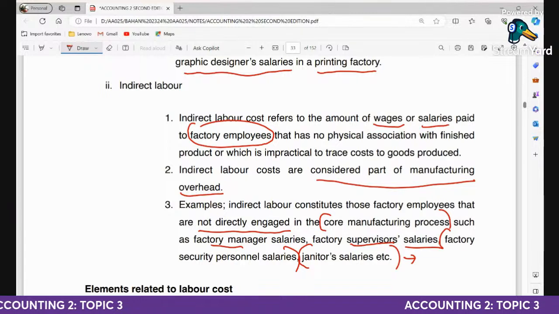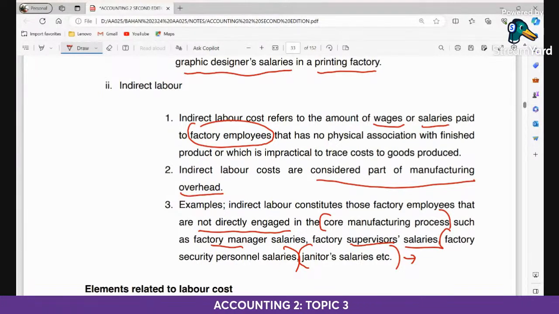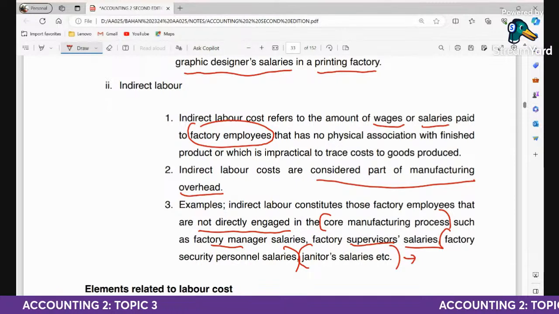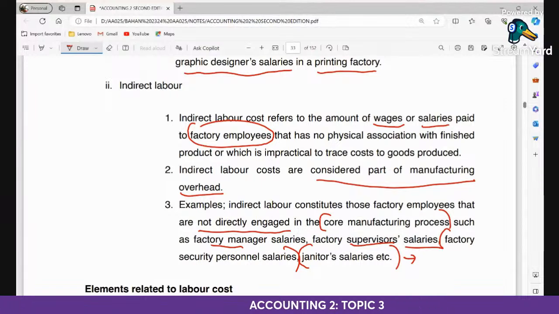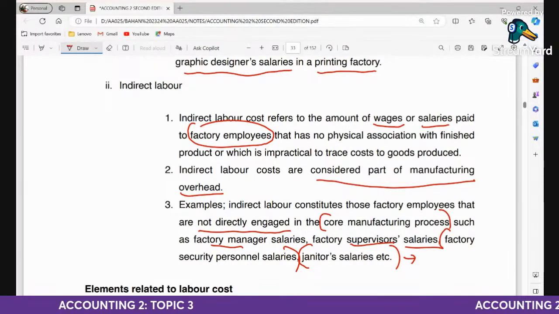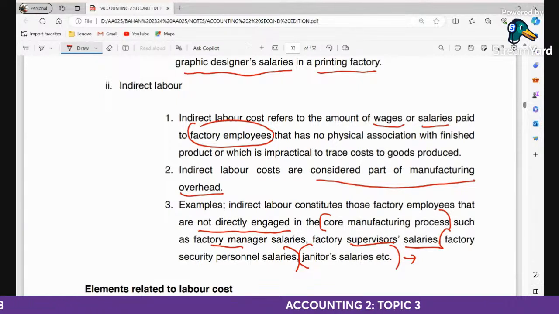So semua ni bekerja di dalam kilang. It's just that when the person is directly involved in converting raw materials into finished goods, that particular person is called your direct labor. So apa saja yang dibayar kepada orang ini dipanggil direct labor costs.